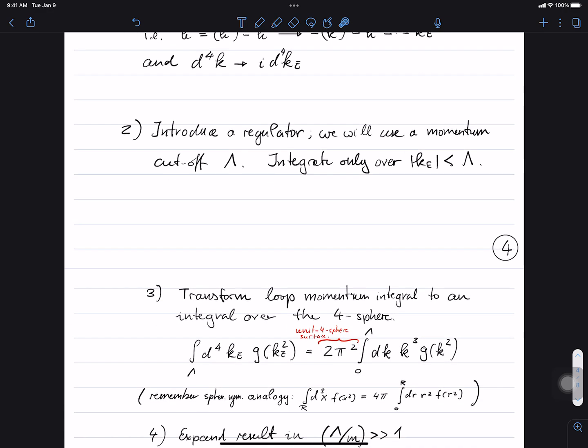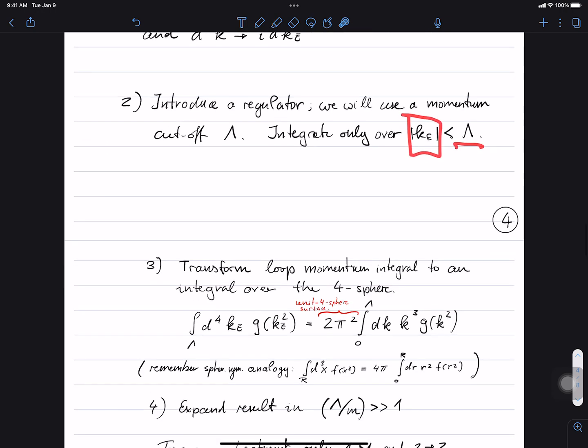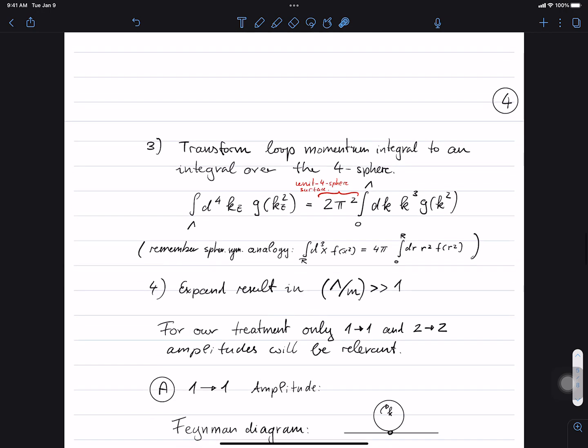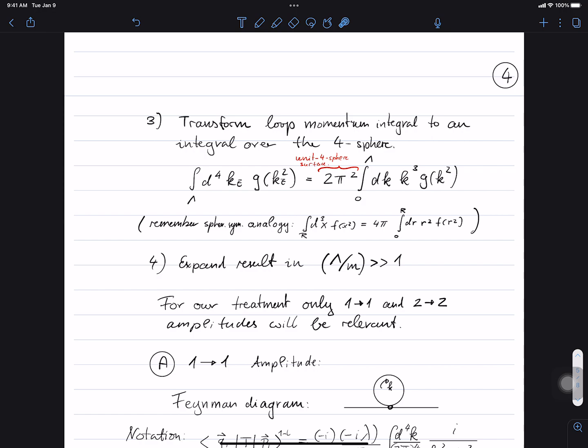Now, furthermore, we have to introduce a regulator to make the integrals finite, and we will use a momentum cutoff. So we integrate only over absolute Euclidean momenta which are smaller than lambda. Now we transform the loop momentum integral to an integral over the 4-sphere. So we have a function just of the Euclidean momenta, d^4k.